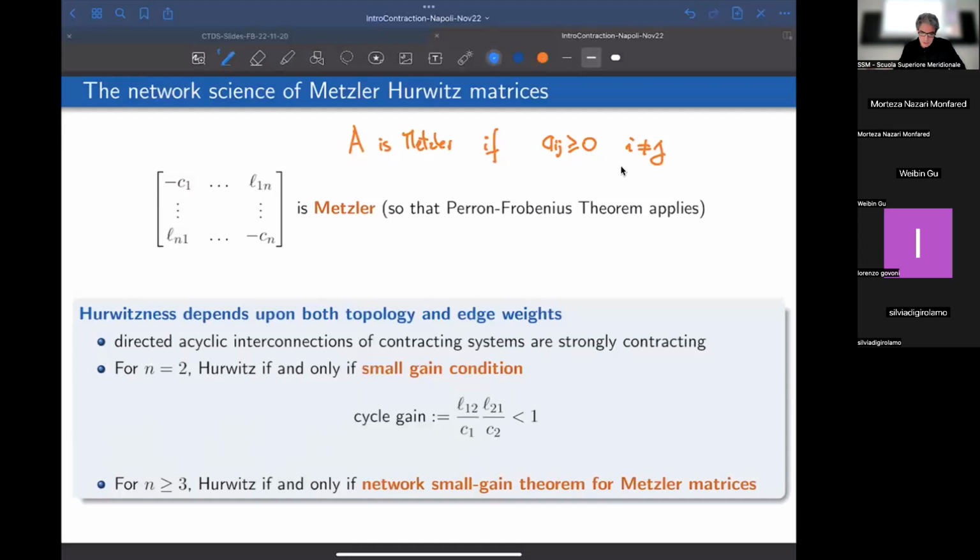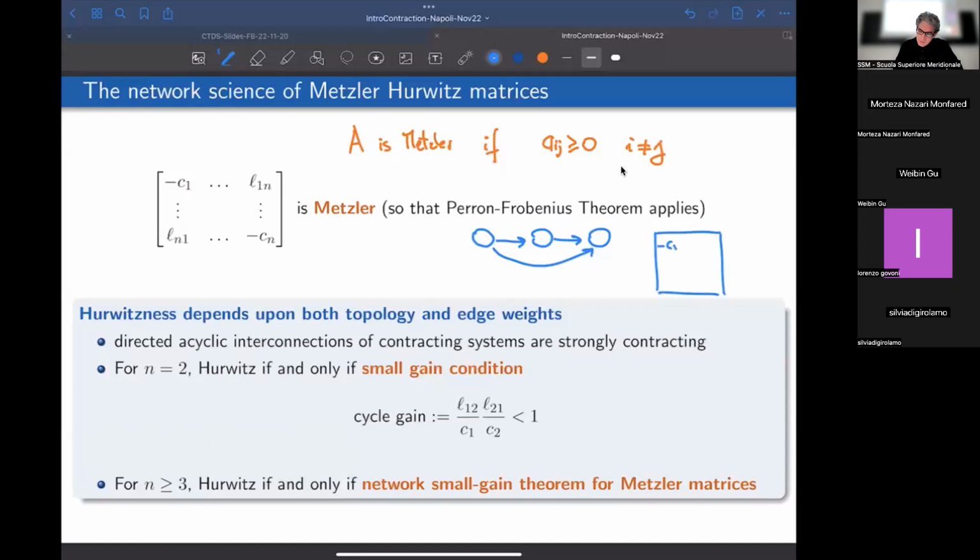Now, by the way, suppose your network of systems is acyclic. Acyclic means that maybe you have one block that feeds into a second block, that feeds into a third block, maybe the first block feeds into the third one. However, there are no directed cycles. Then you automatically know that your Metzler matrix is Hurwitz. Why is that the case?